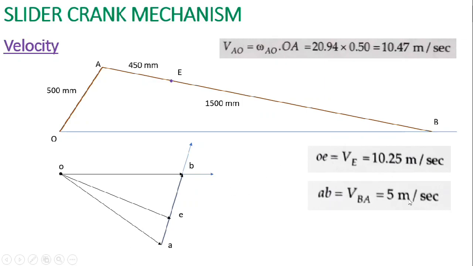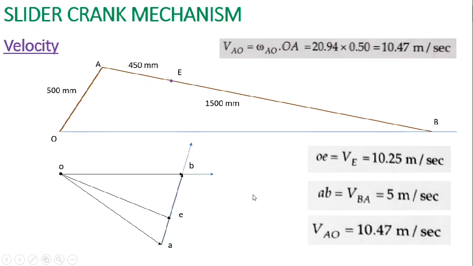Now ab will be 5 centimeters, which will be 5 meters, and that will be nothing but the velocity of the connecting rod BA, which is 5 meters per second. And lastly, VAO, which we have already determined, is 10.47 meters per second. Now we have got all the velocity components of the links for this mechanism.